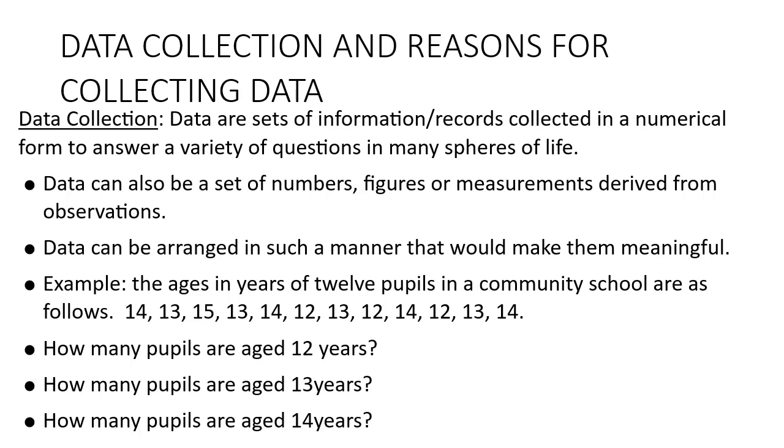We have 1, 2, 3, 4, 5, 6, 7, 8, and 9. So the answer is 9. Correct. Okay. Any question on that one? No. That's how to collect data.